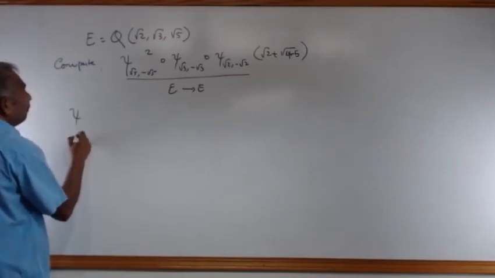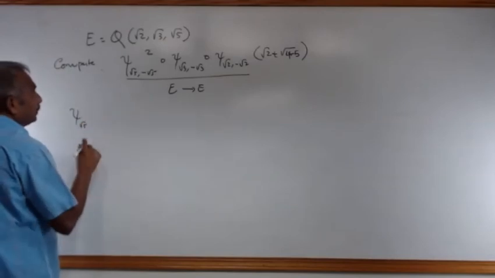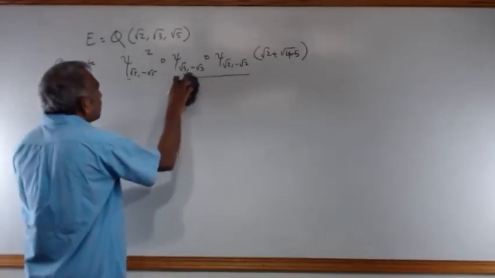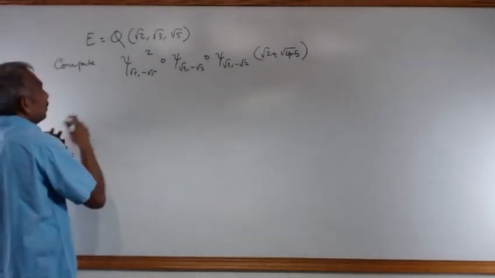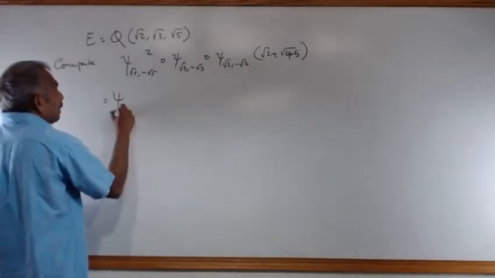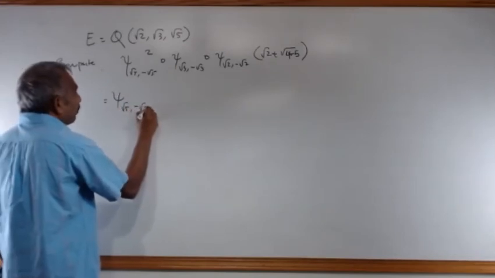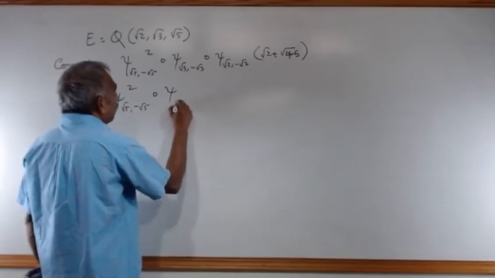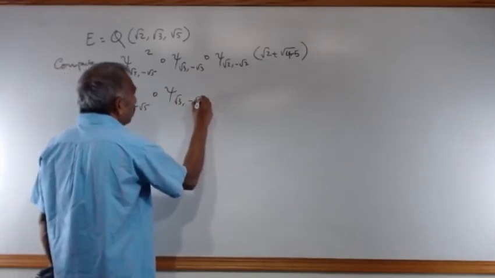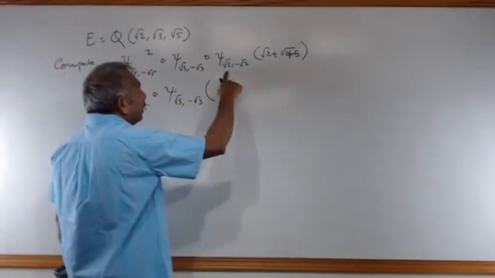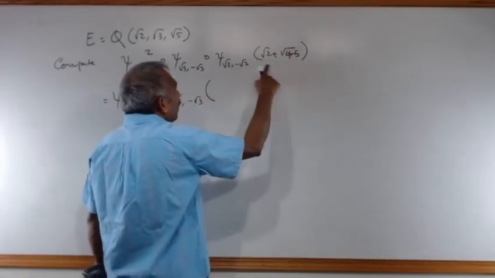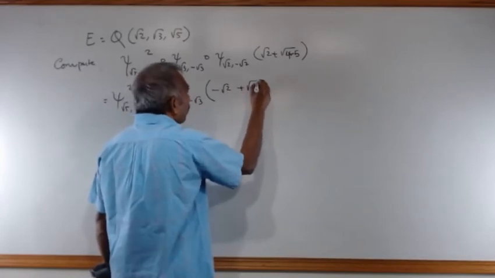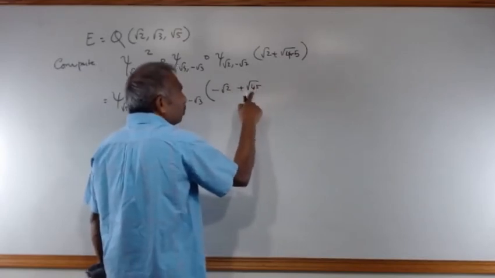So this is going to be psi of root 5, minus root 5 squared, of psi of root 3, minus root 3, of, here you replace root 2 by minus root 2, plus root 45. There is no root 2 here.